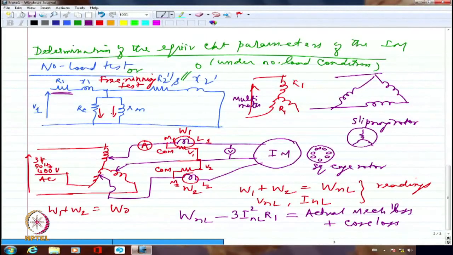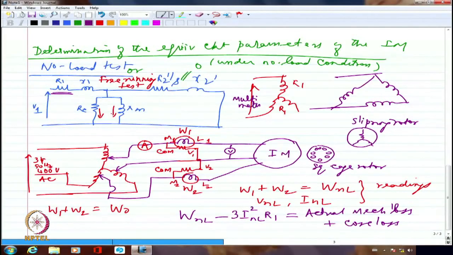Please remember all the readings are for 3-phase. So if it is a delta connected motor, V no load will be equal to V0 per phase. But if it is a star connected motor, it is V no load divided by √3. I have to do the conversion, everything on a per phase basis. Similarly, what I have calculated now as the actual core loss plus the mechanical loss, I have to divide by 3 per phase.